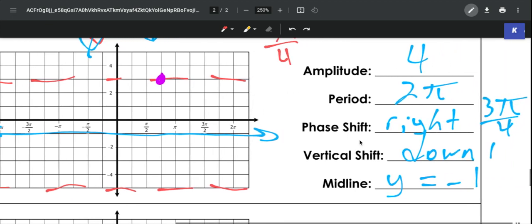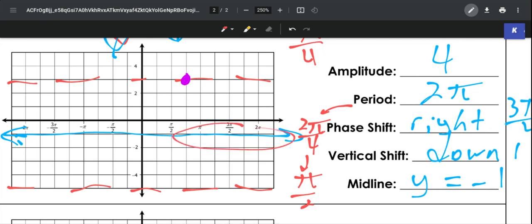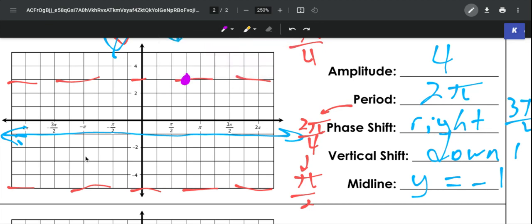Now when you're doing sine and cosine, to get those next points, you have to take your period and split it in 4 parts. So 2 pi over 4 is going to give you pi over 2. So this is going to go down back to our new midline, which is our new horizontal axis, and it's going to go over pi over 2 units, which would be right here.